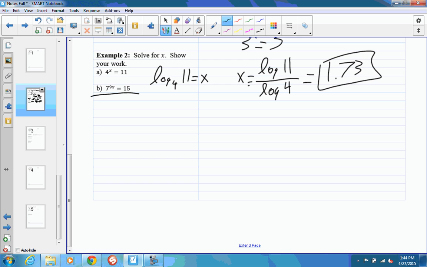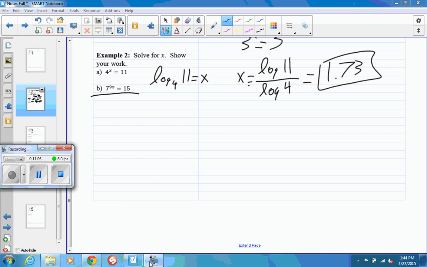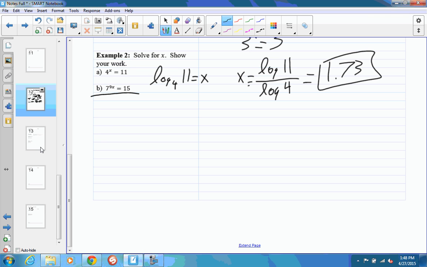The next one on your own, you can change that to a log form. Okay, everybody. So if I'm going to rewrite this as a log, I have log base what? Ashton, log base what? No. Log base 7. Guys, the base for my exponent is always the base for my log.